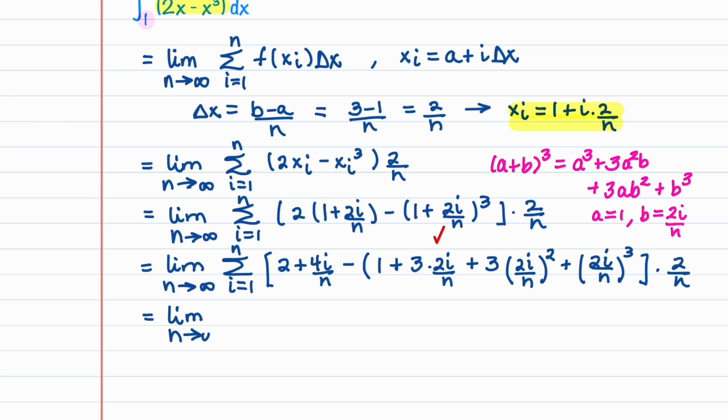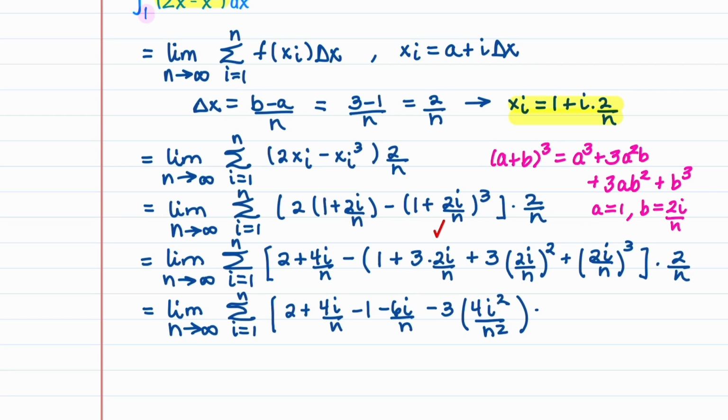This is the limit as n goes to infinity, the sum, i goes from 1 to n. Let's see what we have. We have 2 plus 4i over n minus 1 minus 6i over n minus 3, and then 2i over n squared is 4i squared over n squared.